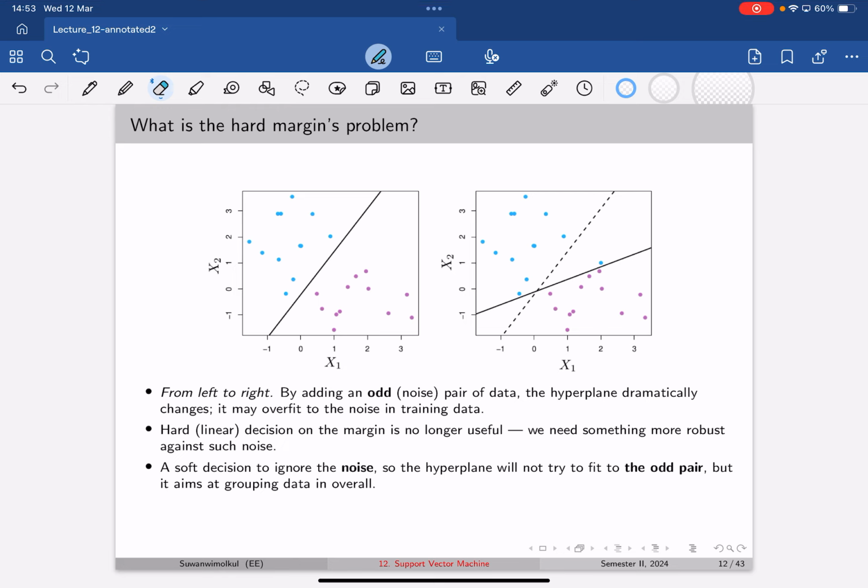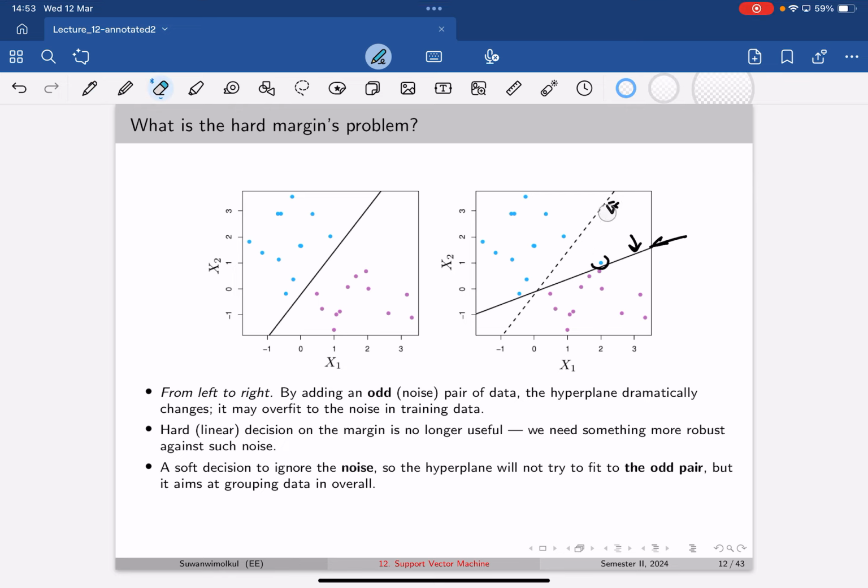So if you have some kind of outlier, like in this example, you only have this blue point as the outlier. Because when we learn the margin, we want that margin to be in between the two closest points, this point will highly influence how your hyperplane is cut. It will shift the location from where it used to be to here, tilting dramatically.